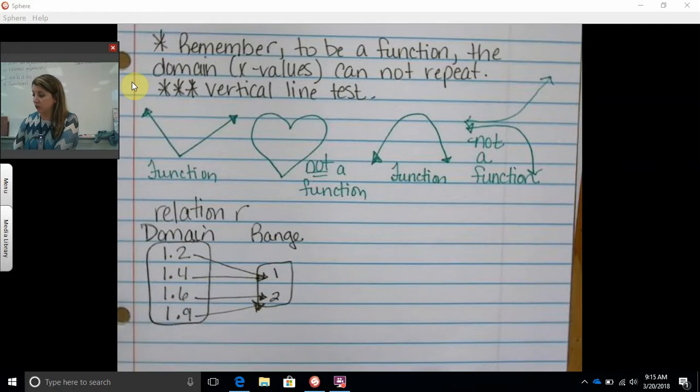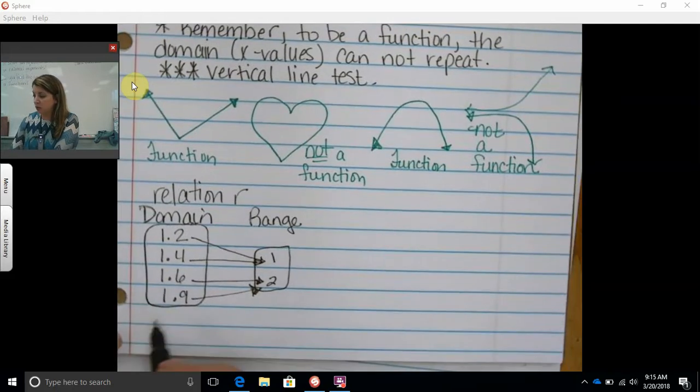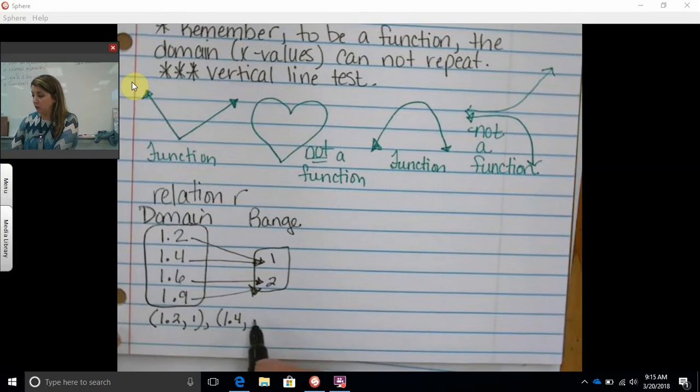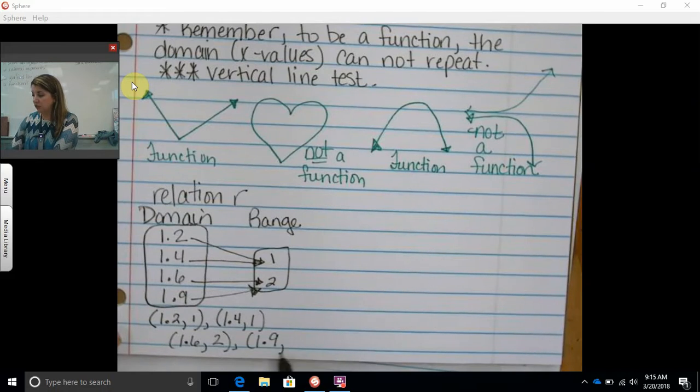So if I wrote these out as ordered pairs, if x was 1.2, what is y? 1. If x is 1.4, what is y? 1. If x is 1.6, what is y? 2. If x is 1.9, what is y? 2.